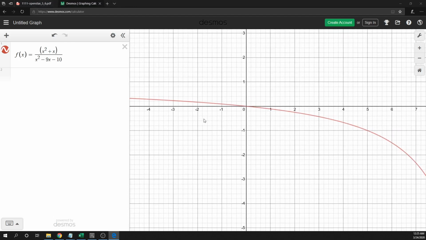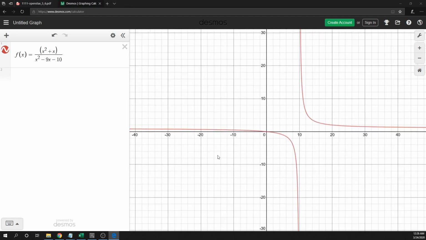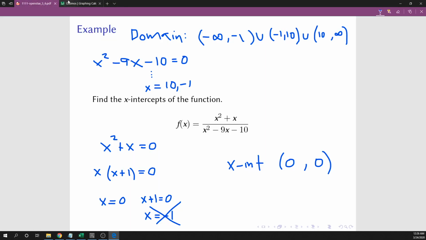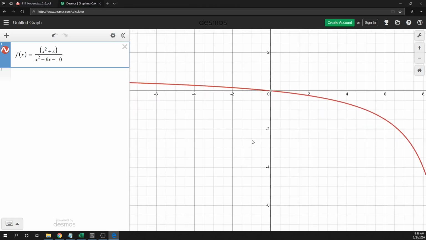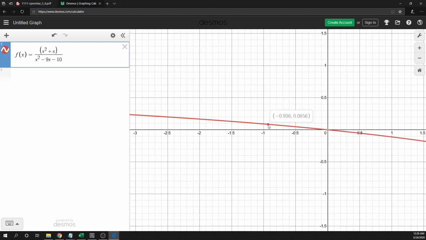Okay, and so there's what the graph looks like. If we are looking for x-intercepts, let's just double check, make sure that's correct. x squared plus x over x squared minus 9x minus 10. So you can see there is our x-intercept right there. All right, and if we look at minus 1 to see the situation, we can see that there definitely is not an x-intercept there, okay?